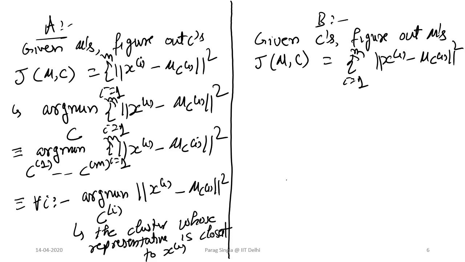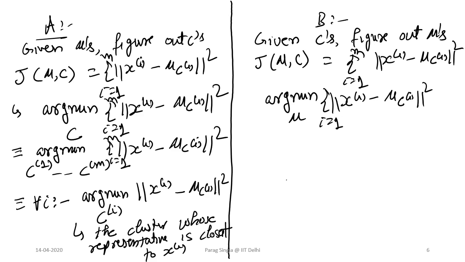In this case, because we are trying to figure out mu's given c's, equivalently we want to do argmin over mu's this time of J(mu, c), which is the sum of xi minus mu ci whole square, i equal to 1 to m.